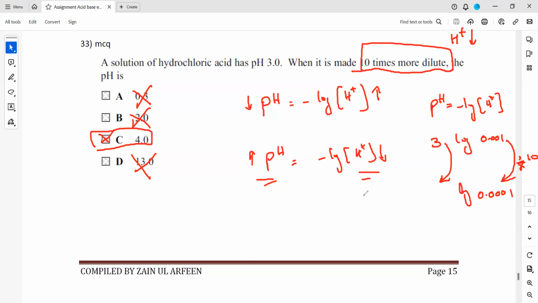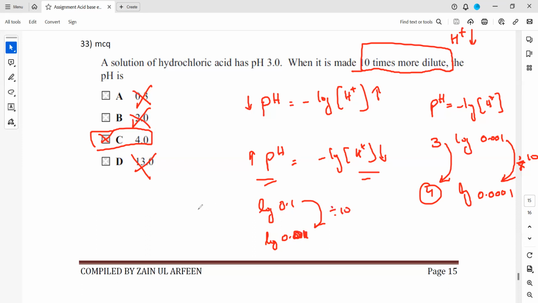So if this is changed by factor 10, because it's a log here, when a log is changed by factor 10, then the number will change by factor 1. If I take a log of 0.1 and a log of 0.01, how many times do we change the number?